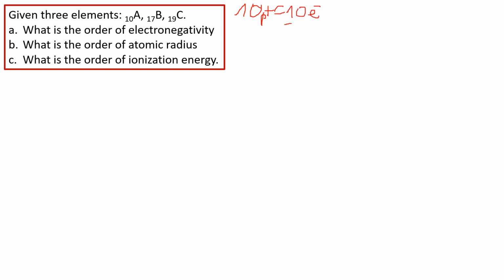Now we only care about the electrons right now. There are a couple of ways that you can do it. You can just do 1s2 and then 2s2 2p6. You have 2 plus 2 plus 6, 10, and that is a noble gas.